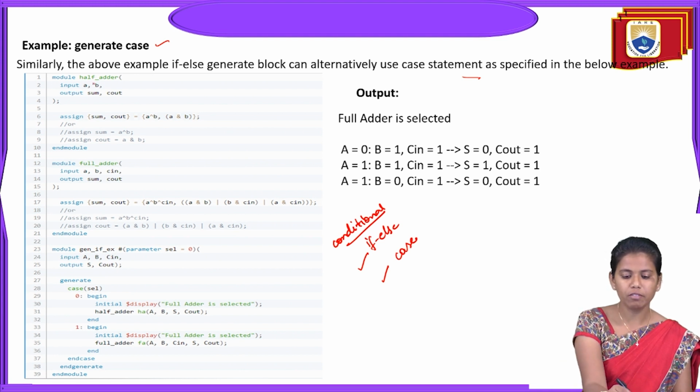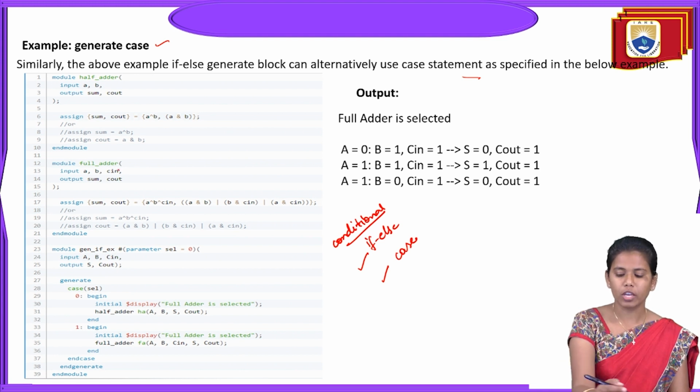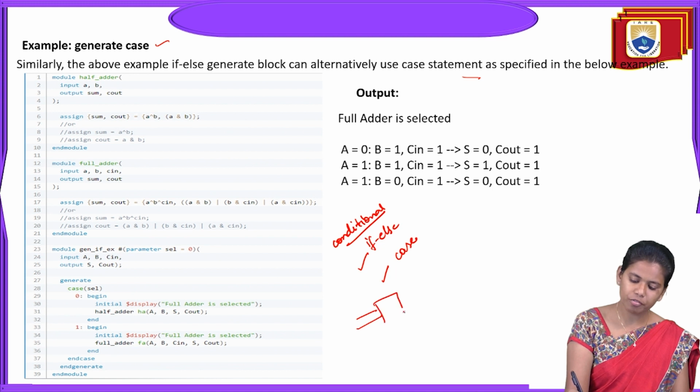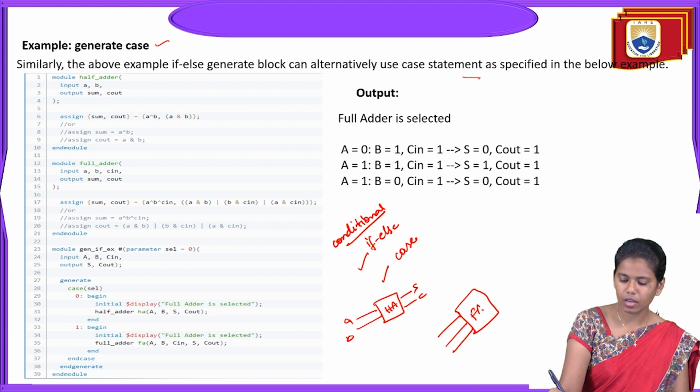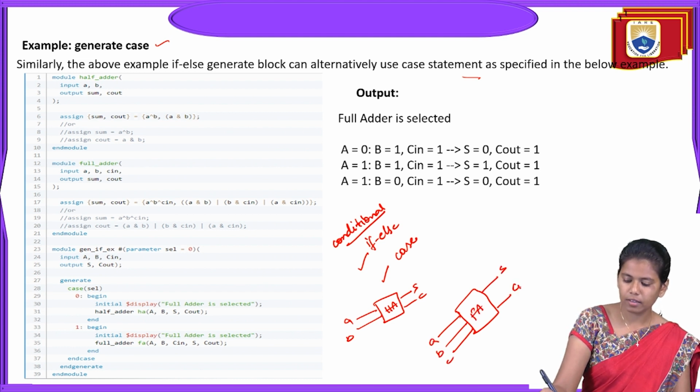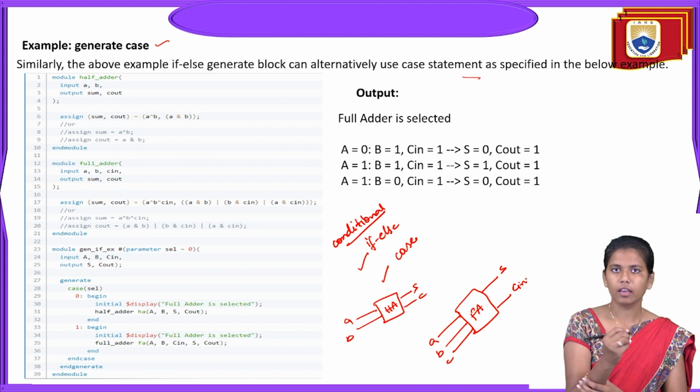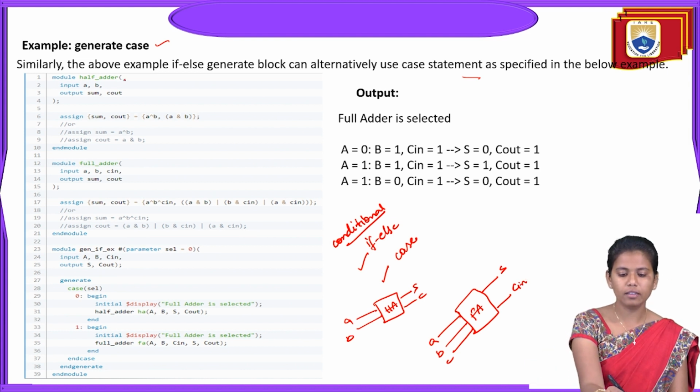Here, if you observe module half adder, we know the half adder comprises inputs A and B, with outputs sum and carry. If it is a full adder, the inputs are A, B, C, with outputs sum and carry. For the adder, inputs are A and B, and outputs are sum and count.